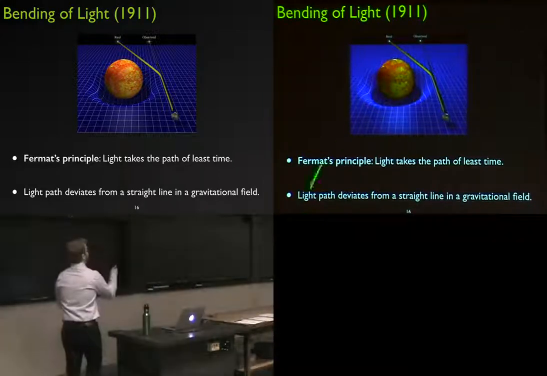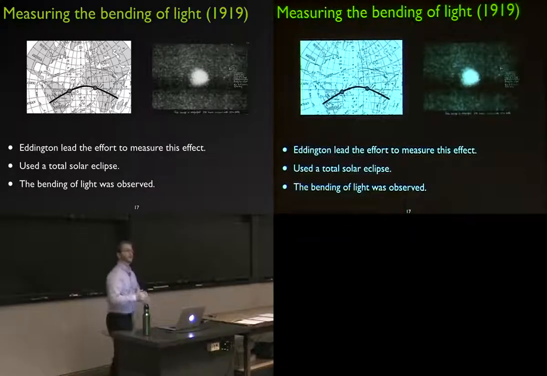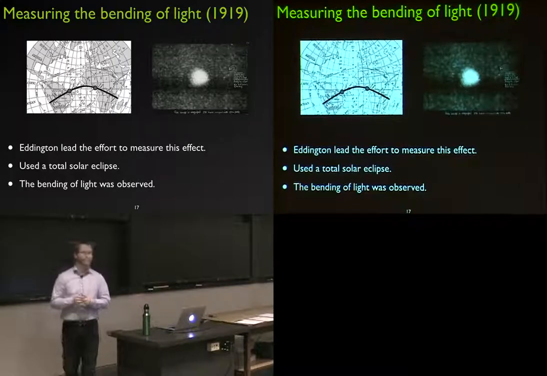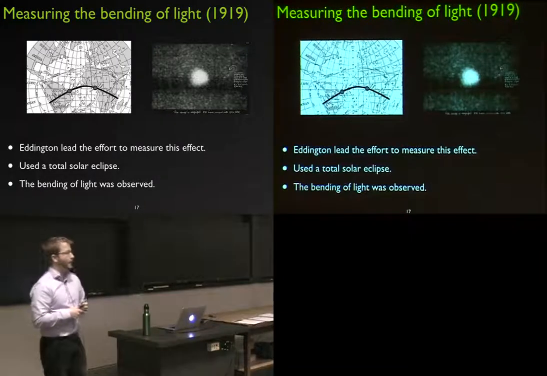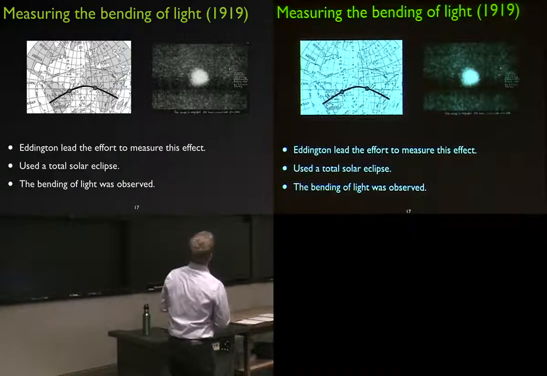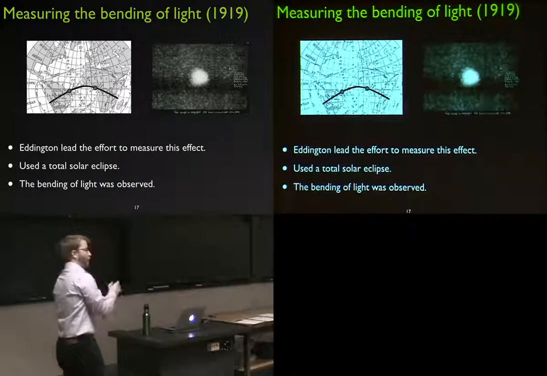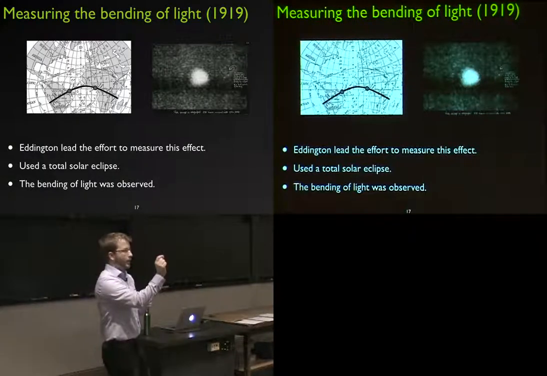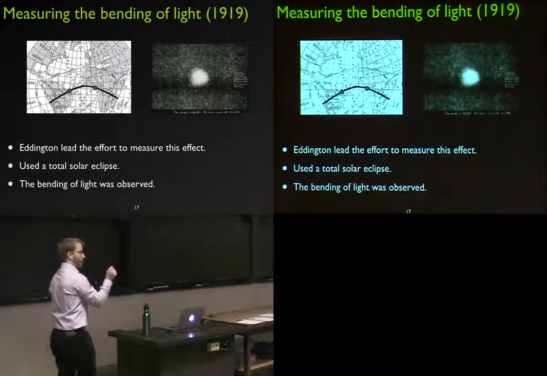And so once this paper was out, people naturally started thinking, okay, well, can we measure the deflection of light travel? And so they started thinking about how we could do this. And the most likely way to measure this was eventually thought to be wait for a solar eclipse and look for a star behind the sun being able to be seen for a little bit longer than it should have.